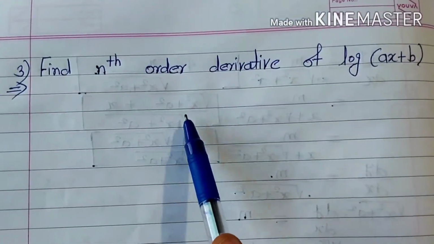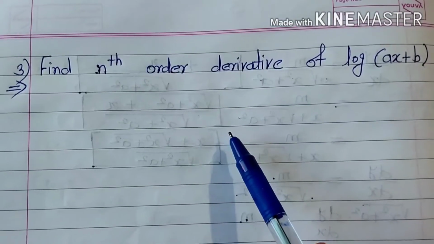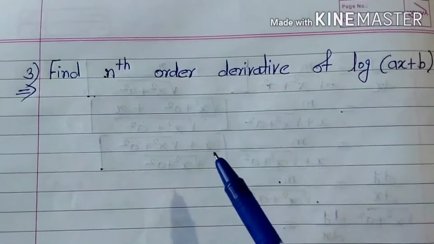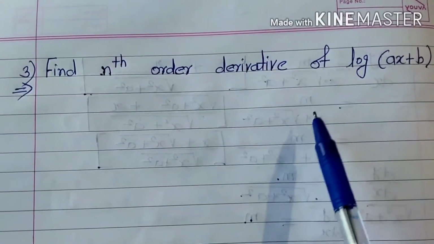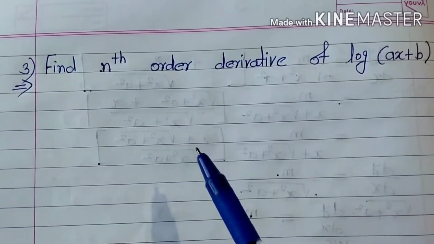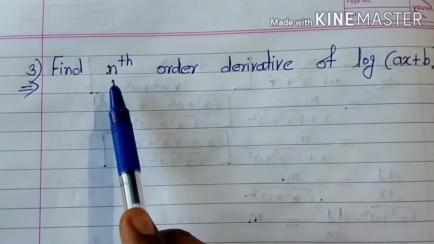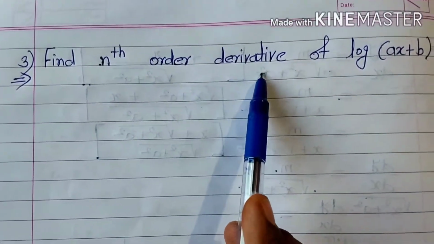Means first observe the first order derivative, then the second order derivative, and then the third order derivative. Then generalize those terms, generalize those changes, and you can find the nth order derivative.